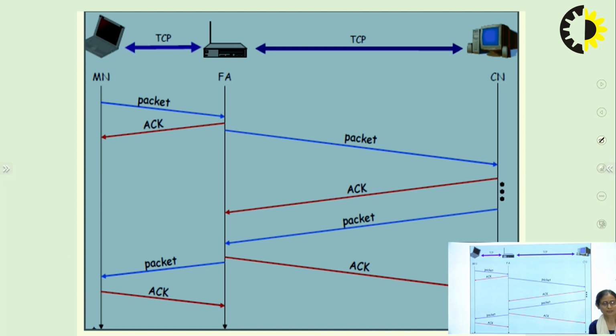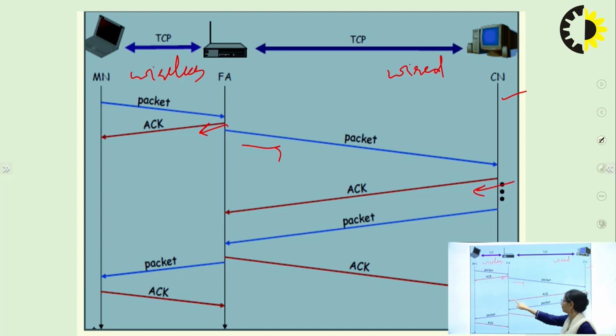If you look at this particular figure, we have TCP in both cases. Here we have the FA. This is the TCP for the wired environment, and this is the TCP for the wireless environment. So if the MN sends a packet to the CN, the FA will receive it, send the acknowledgement and resend the packet to the CN. Once the CN receives the packet, it will send the acknowledgement to the FA.